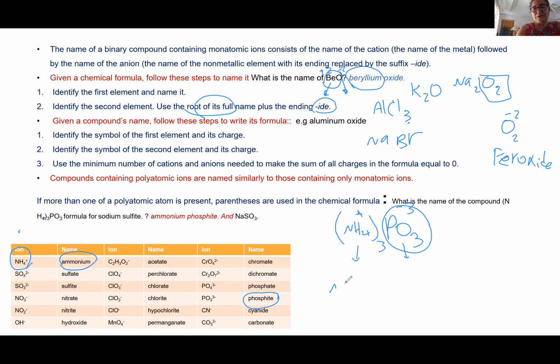If you are given a formula like this, to name it, what you need to find is the polyatomic ion in this table for the names of the polyatomic ions. We know that it's a sulfate. And then you bring the name of the metal first and then say the name of the polyatomic ion second. So sodium sulfate, ammonium phosphate.